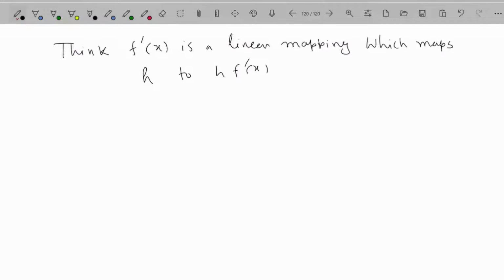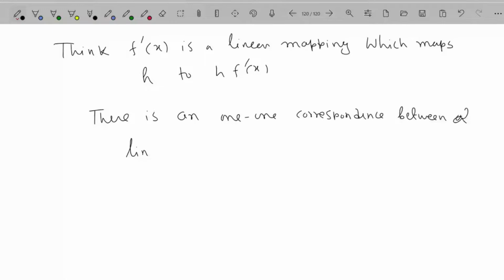So that means there is a one-to-one correspondence between a linear mapping from R1 to R1 and a real number.